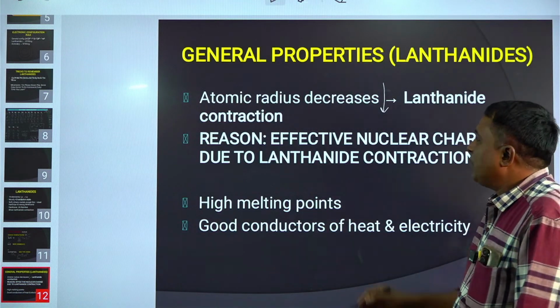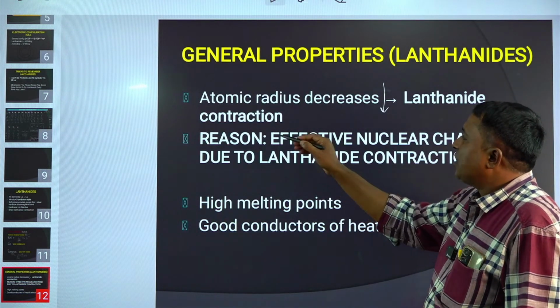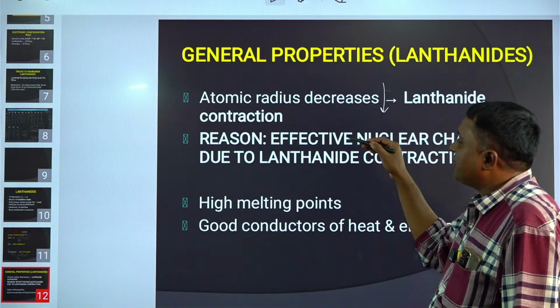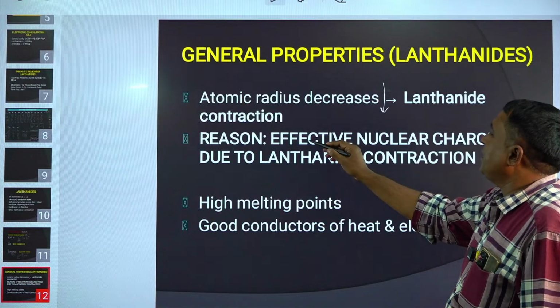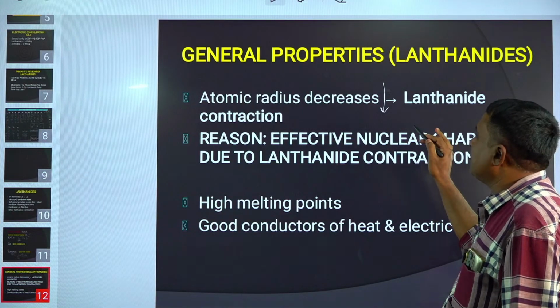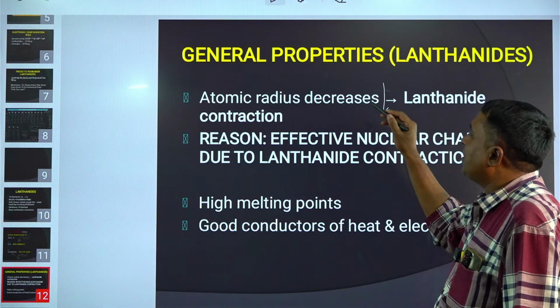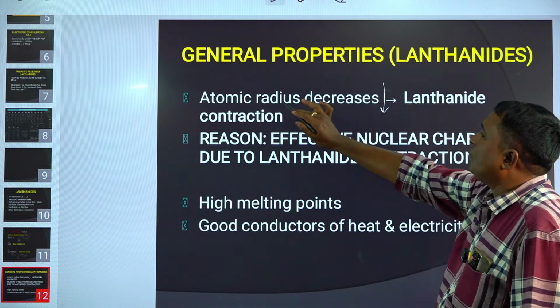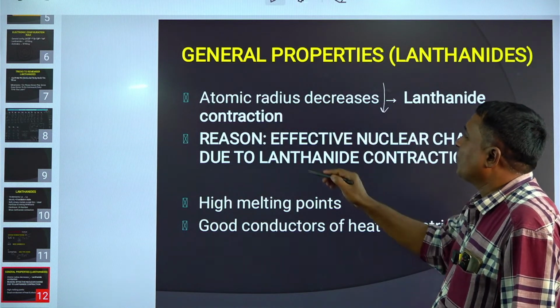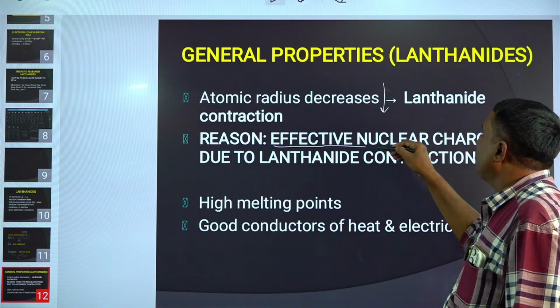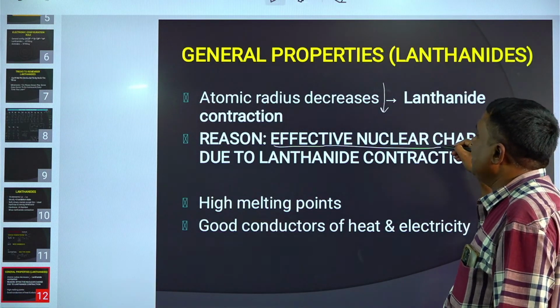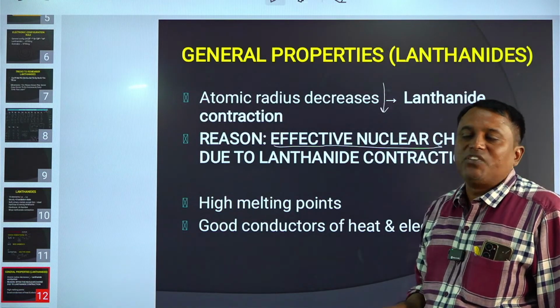Lanthanide contraction. So what will be the reason for this lanthanide contraction? Actually, from left to right, in the first inner transition series or the second inner transition series, there will be an increase of effective nuclear charge with decrease of atomic radius. Why is atomic radius decreasing? This is due to effective nuclear charge, which is increasing from left to right.